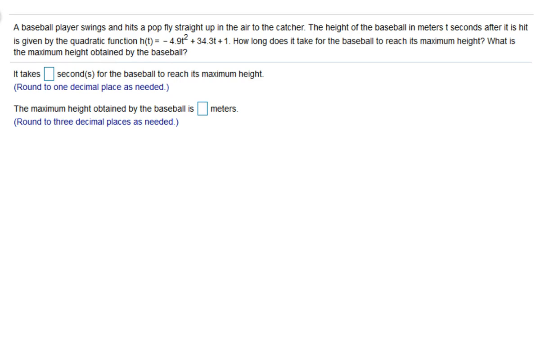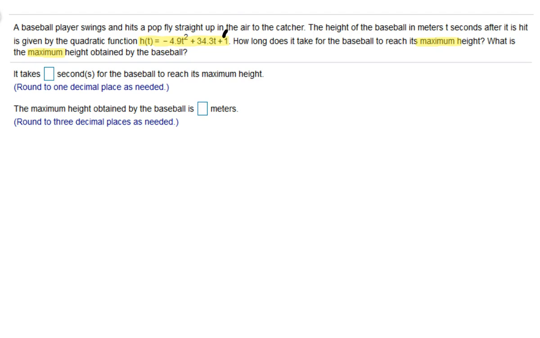So I want to highlight a key word for you here, and that is that we are talking about finding a maximum. And I also want to highlight the function that we're dealing with: h of t equals negative 4.9 t squared plus 34.3 t plus 1.